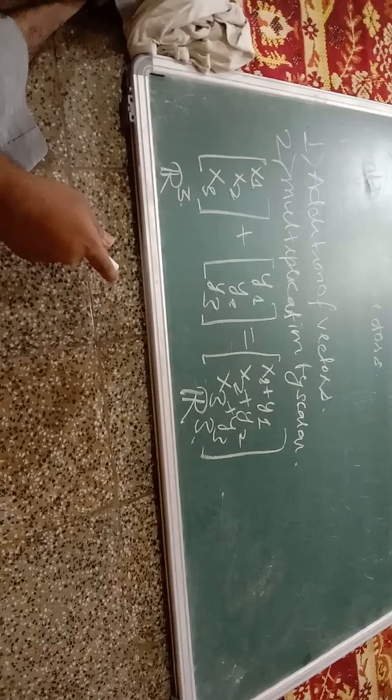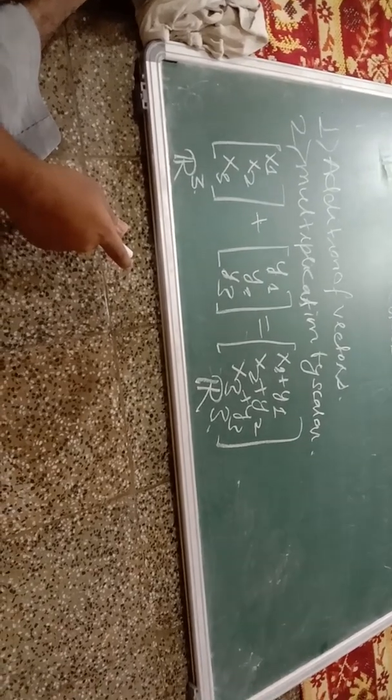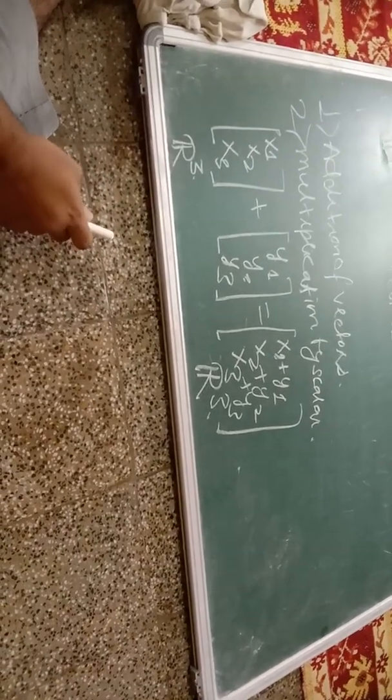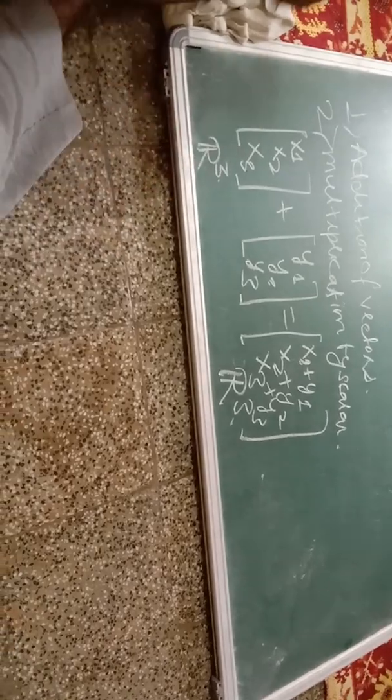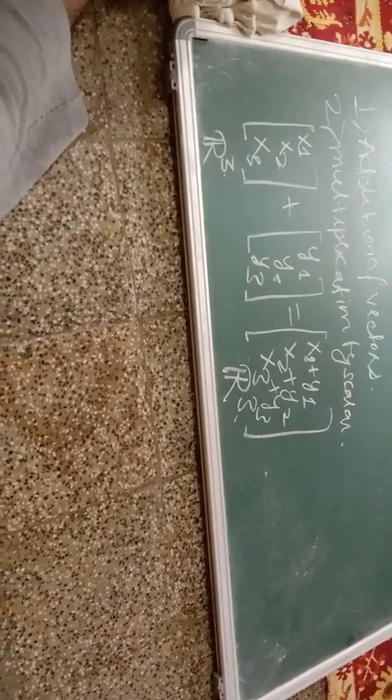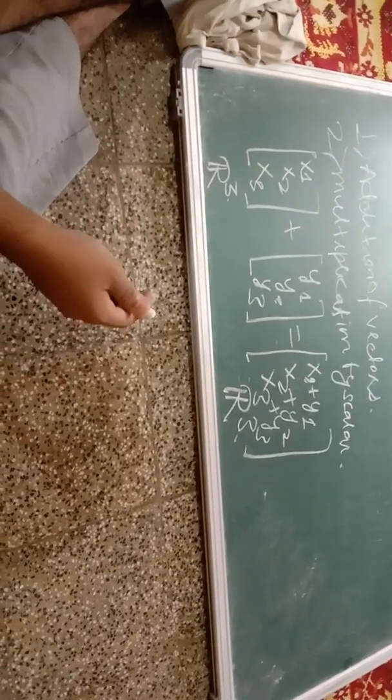So vector spaces. Nice. Now what about the properties?